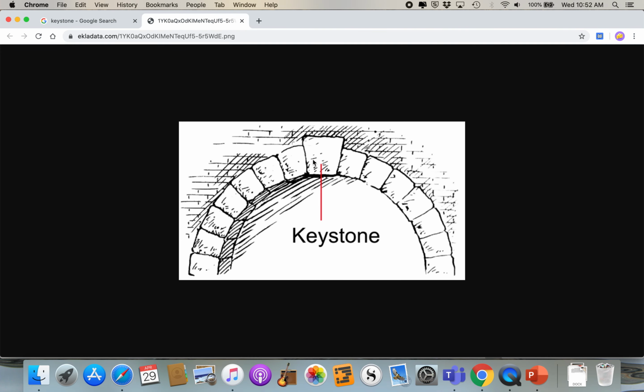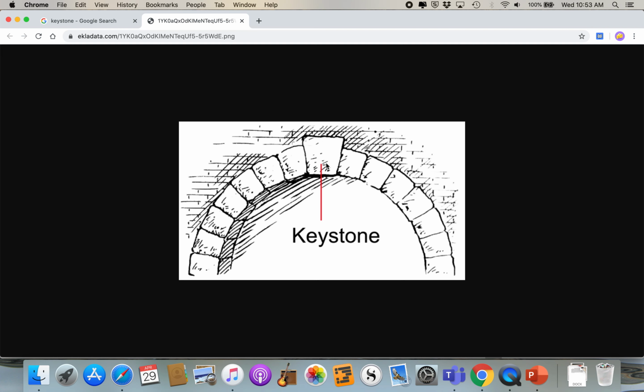If we look at this picture here, this term keystone comes literally from this term here. When you're building an arch like this, I'm sure that you've seen these, you have this guy in the middle that's called a keystone, because you put this stone in first and build the other ones around it. The reason it's called a keystone: if I were to knock this stone out, right? So someone's built this arch.